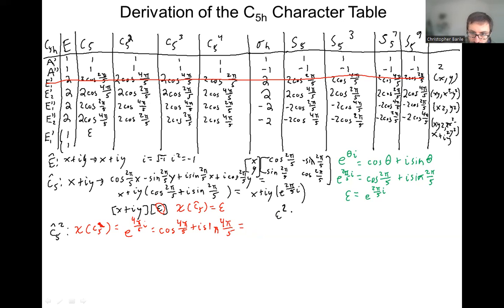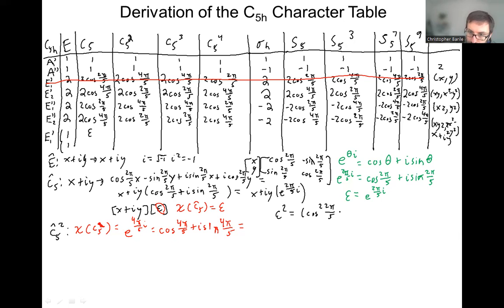If we square epsilon, what we end up getting is cosine squared 2 pi over 5, taking epsilon here, right, squaring it, plus i squared sine squared 2 pi over 5.